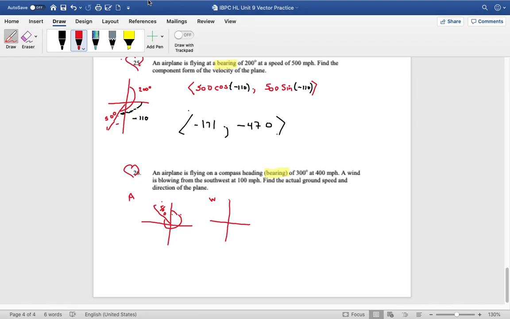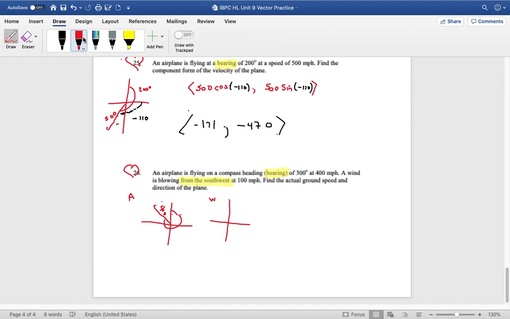Now, I think this is a little bit of a mean phrasing. I want to reassure you that if you get this phrasing wrong on a test, we don't really care on a math test whether you figure out the wind blowing from the southwest or east or whatever. So just do something, right?